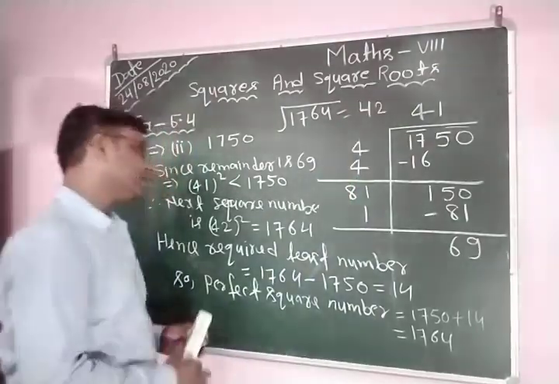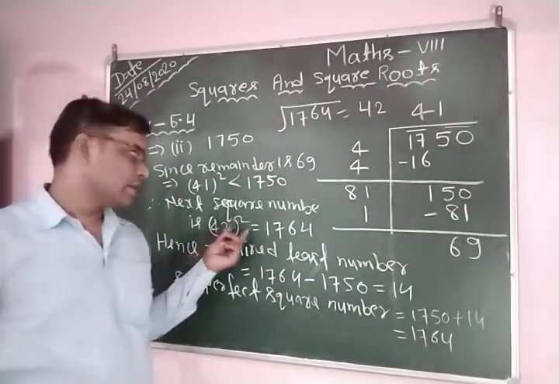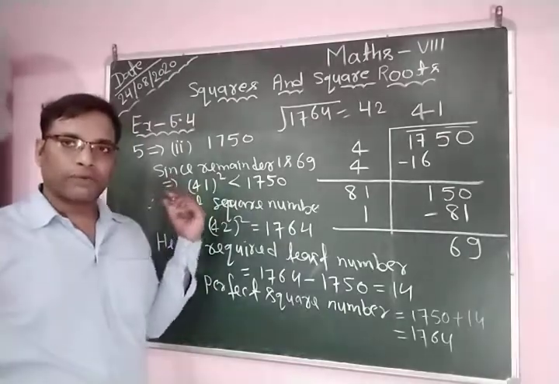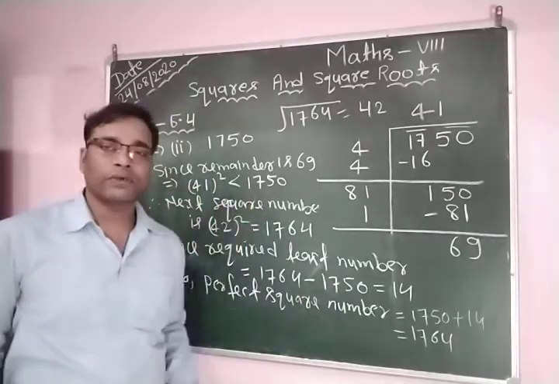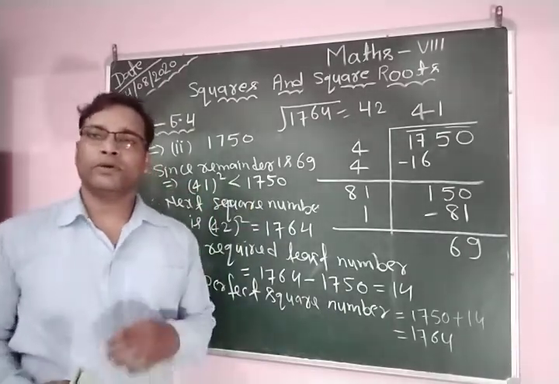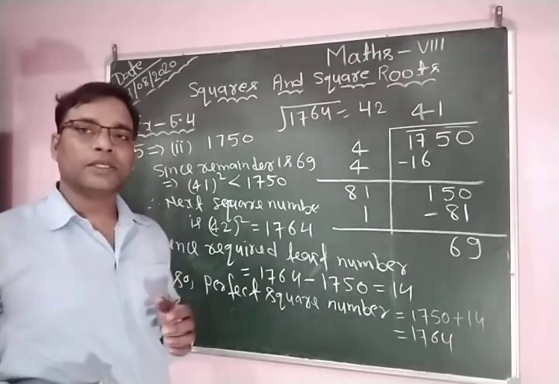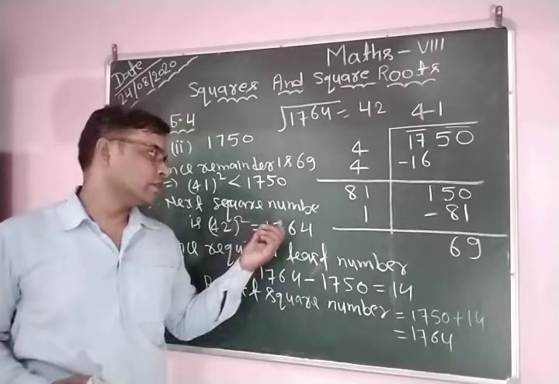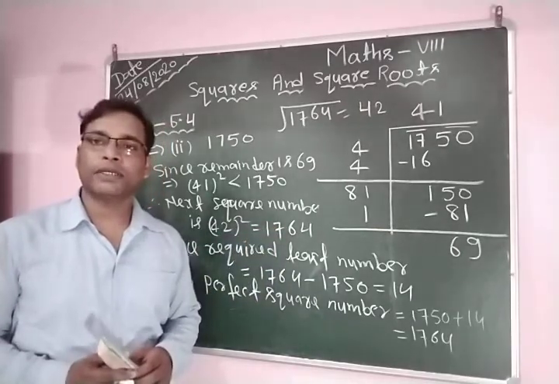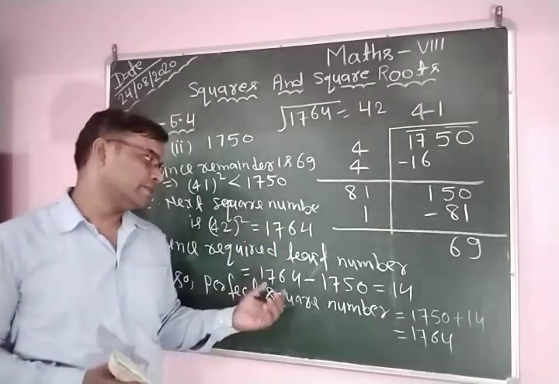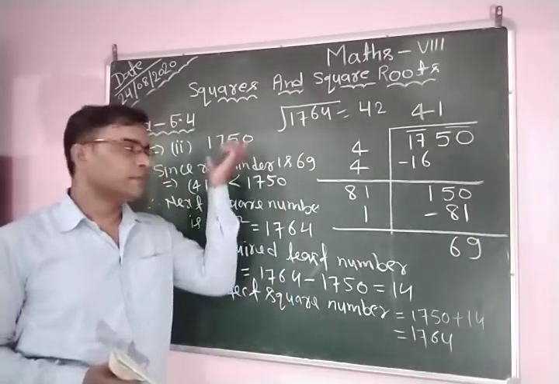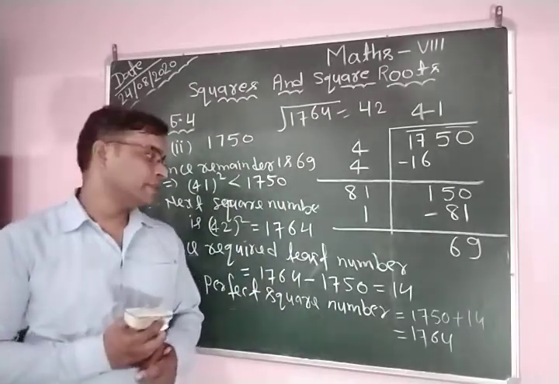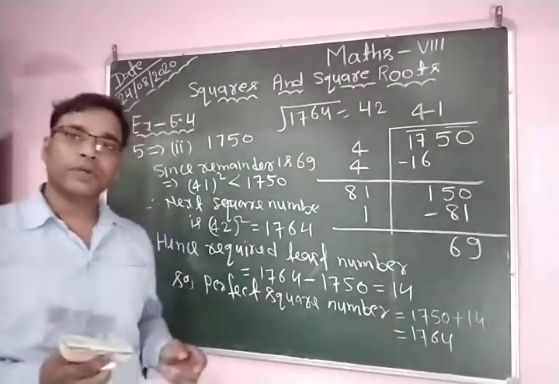42. Because here you can see, the square of 41 is less than 1750. So we check the next square number. The next square number is the square of 42. This is equal to 1764. Then we subtract the given number 1750 from the square of 42.